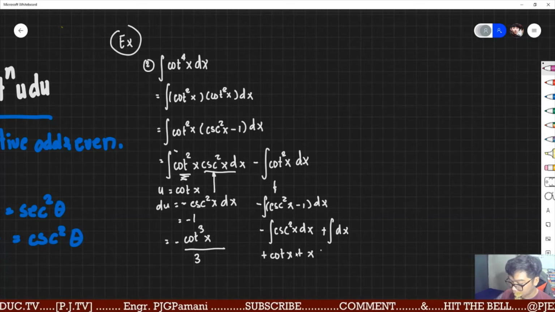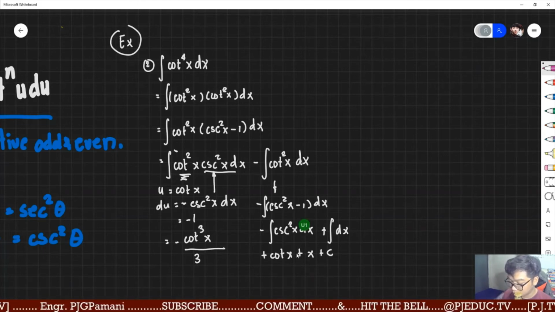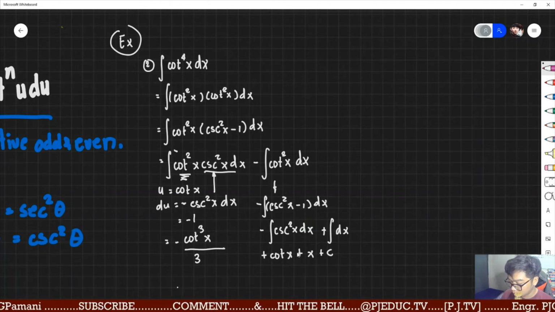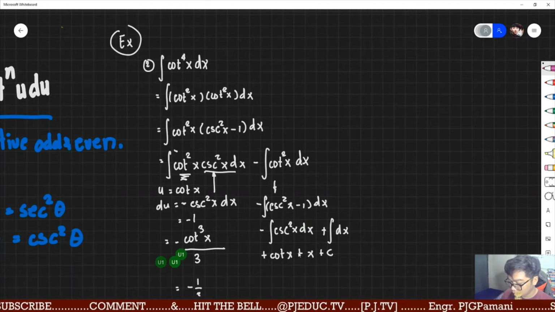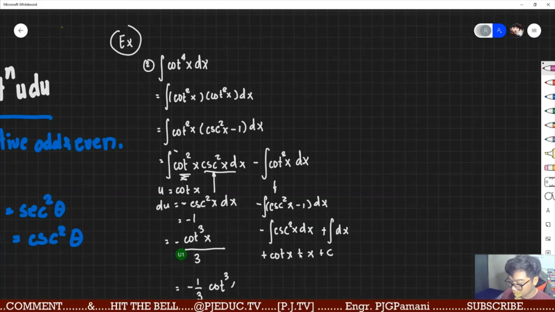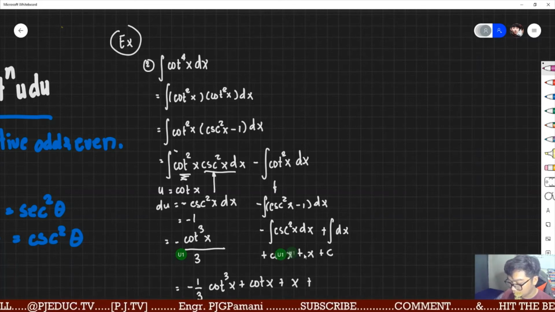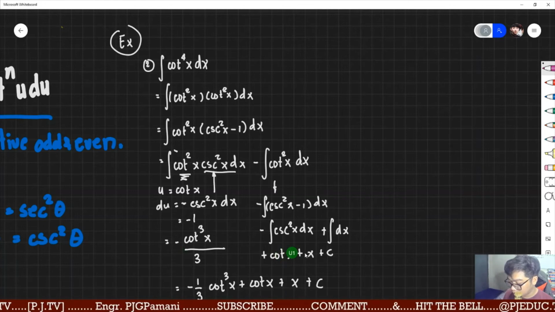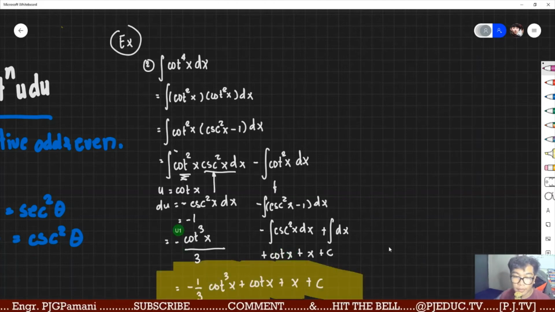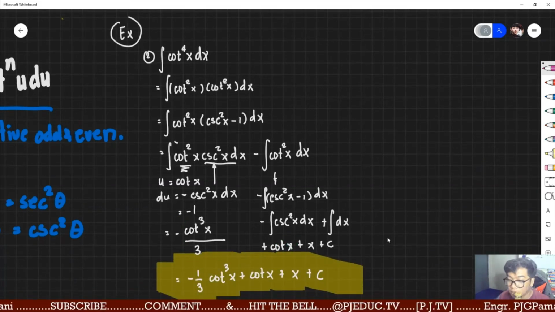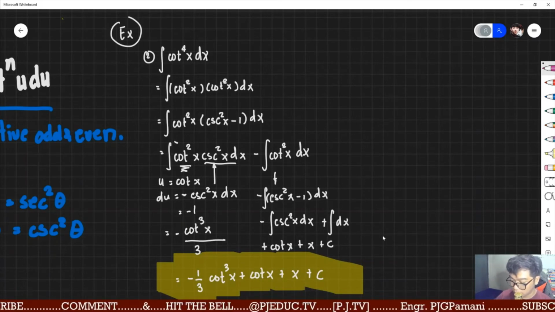Then plus your integration constant. So simplify. That is now 1/3 cotangent cubed x plus cotangent x plus your integration constant. So that's the problem.